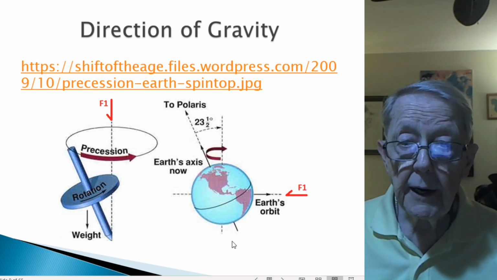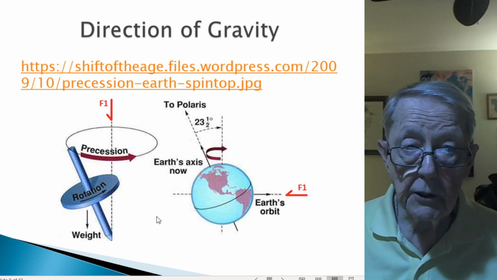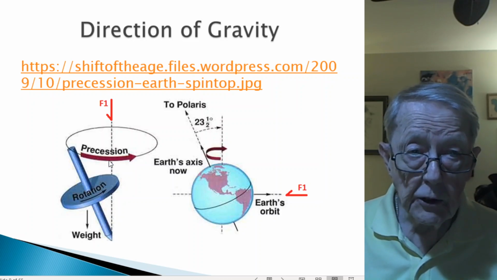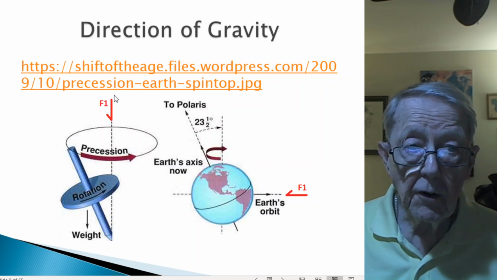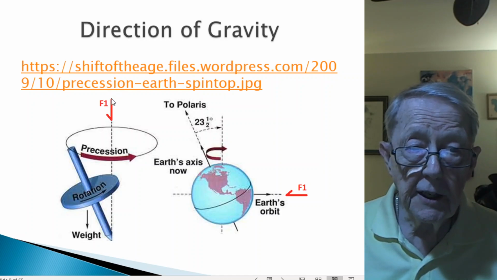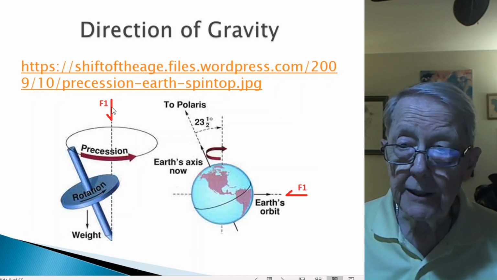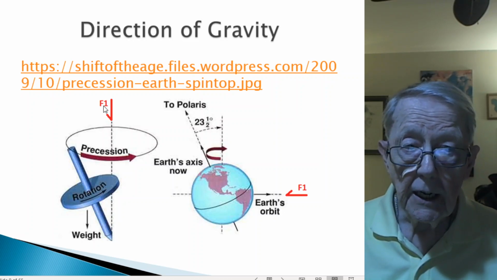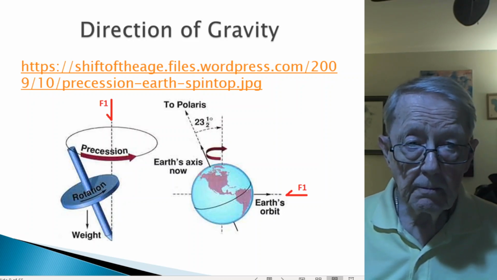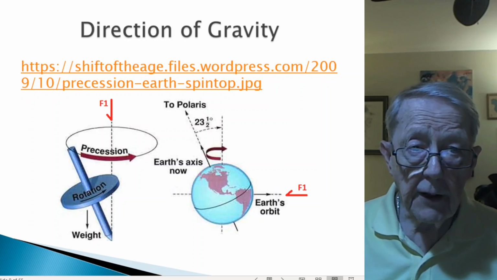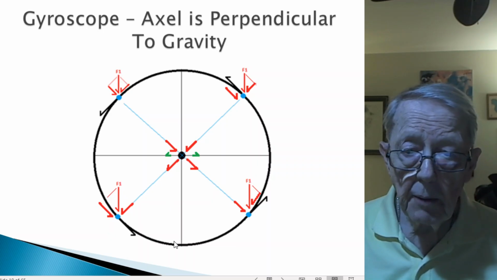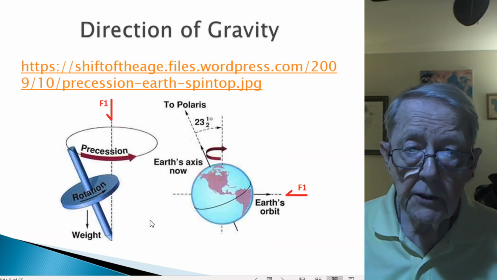So we go back and look at this picture again, and I've added two things here. To the gyroscope, I've added the vertical force of gravity. This is the net force of gravity caused by G1 particles. I call it F1, the net force of G1 gravity.